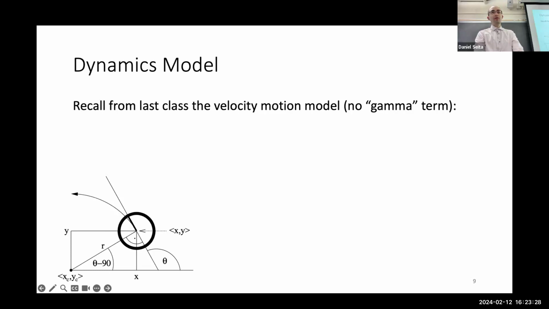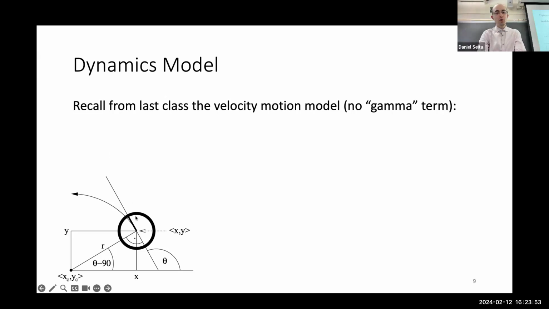And remember what the controls were here? There are 2 components to it. Yes, there was the translational control and then the angular control, right?